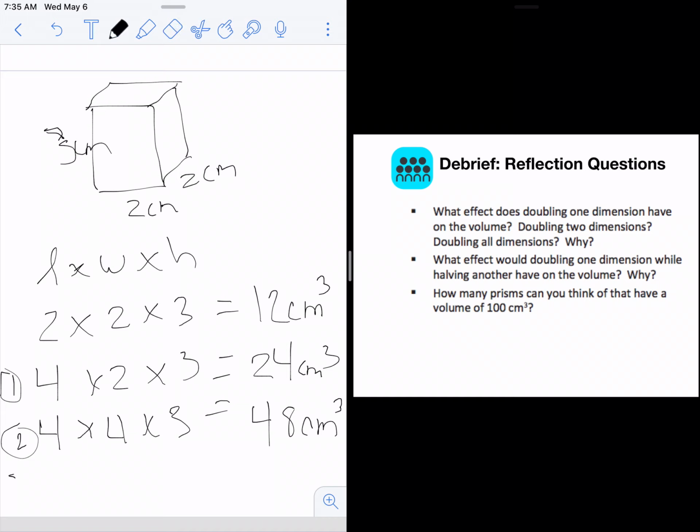Okay? And if we double all the dimensions, we get 4 times 4 times 6. So 6 times 4 is 24. 16, carry the 1. 4 times 2 is 8, plus 1 is 9. 96.